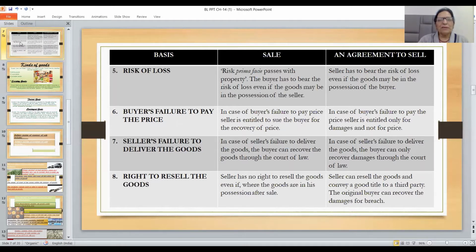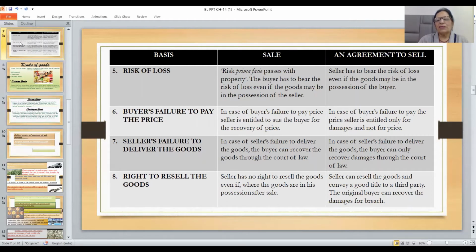Buyer's failure to pay the price. If there is a default on the part of buyer, then in case of sale, seller has a right to sue the buyer for the price. But this right is not available to the seller in case of an agreement to sell. He can only recover damages. Now, if there is a default on the part of seller, then in that case, buyer can file a suit against the seller for recovery of goods.